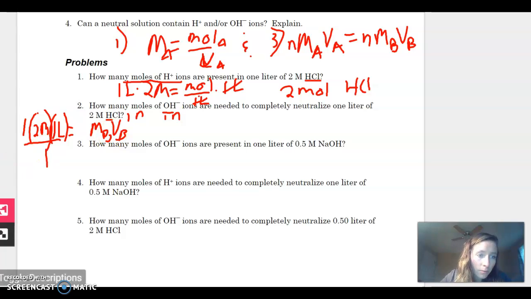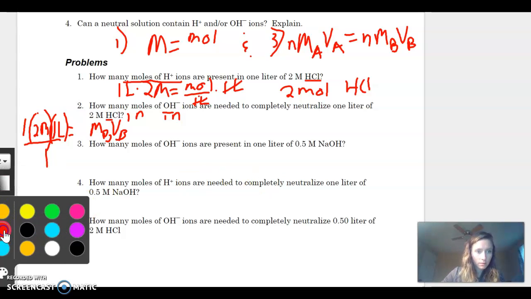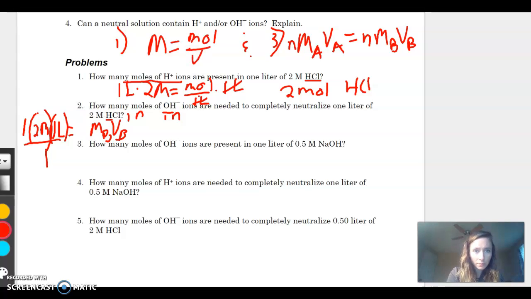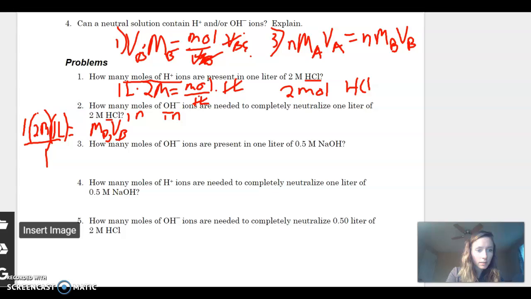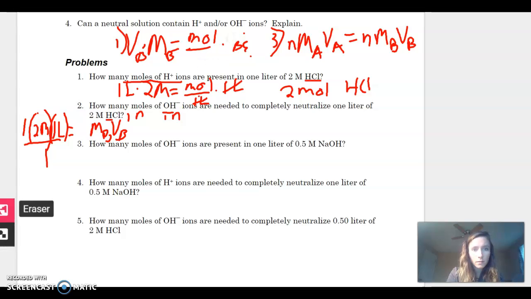So I am just going to replace MB and VB with moles B. Just to show you how I'm doing that, I'm going to write everything in terms of B. So if I multiply each side by VB, my moles is equal to VB times MB.